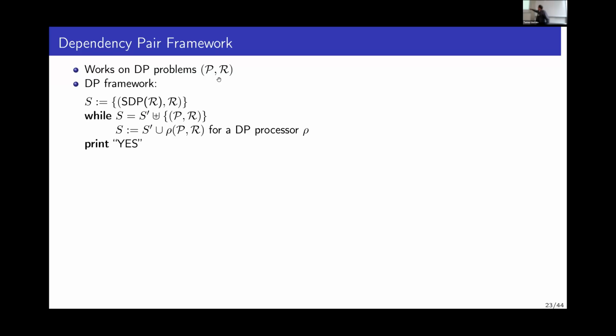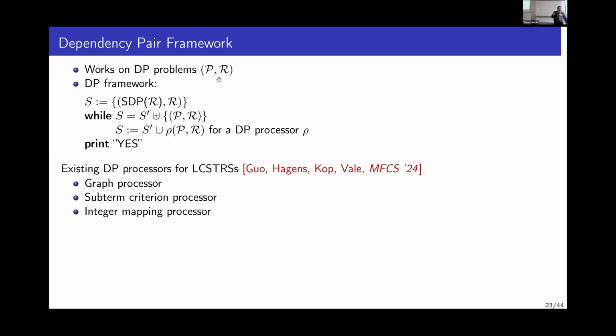The DP framework now is about taking one of these DP problems from the current set of problems, applying what is called a DP processor, a termination technique, on it, and if you've been able to eliminate all the DP problems, then you know that thing is terminating. So existing processors include adaptations from the literature.